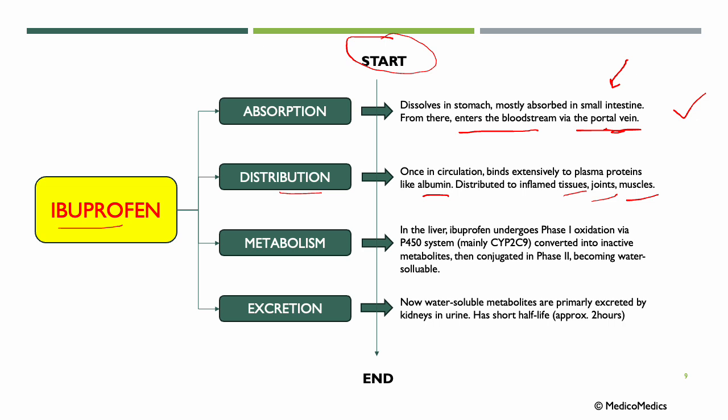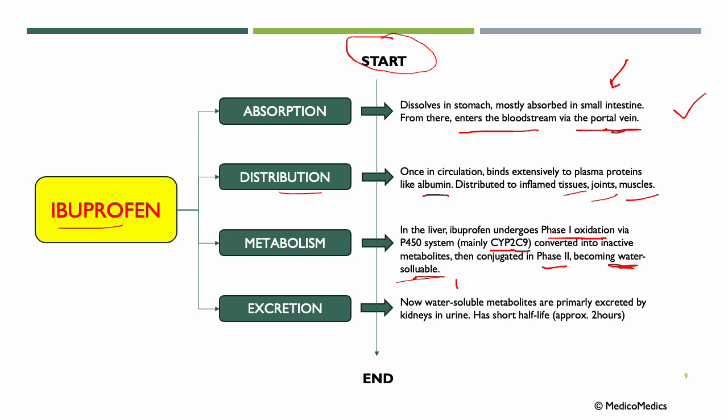Afterwards, in the liver, ibuprofen undergoes phase 1 oxidation via the P450 system, mainly CYP2C9. This will convert it into inactive metabolites. These metabolites are then conjugated in phase 2, making them water-soluble.